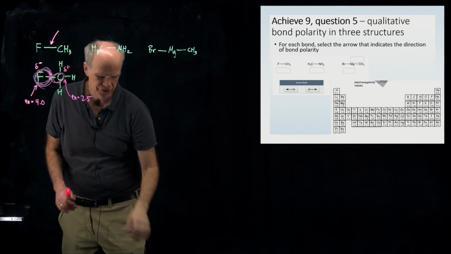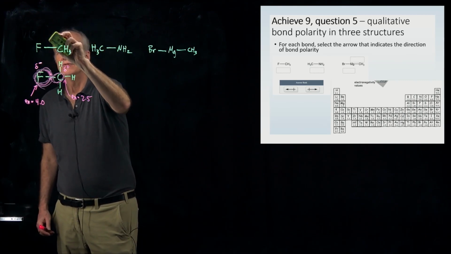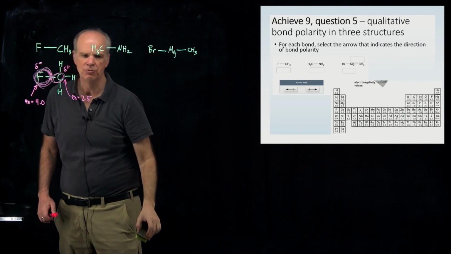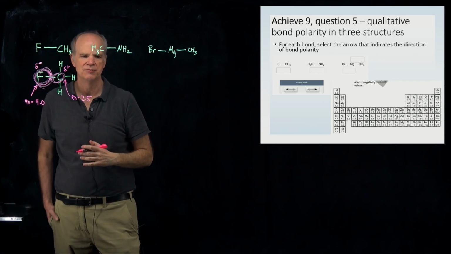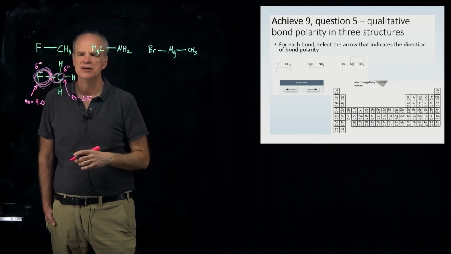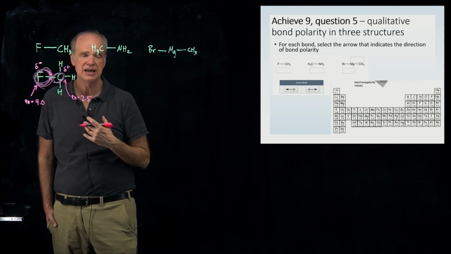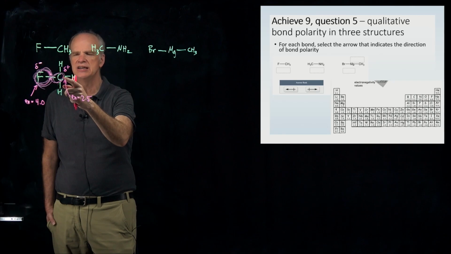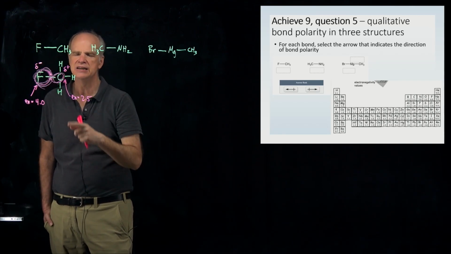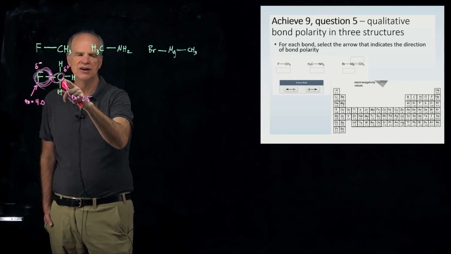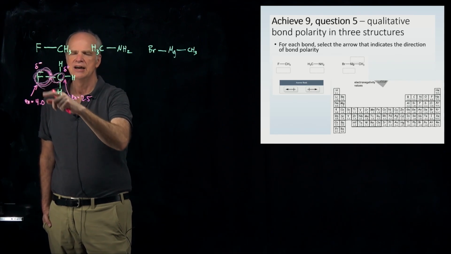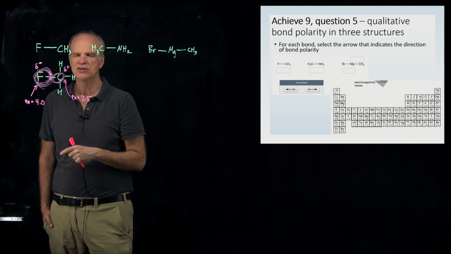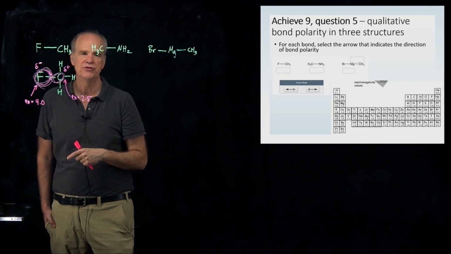Okay, so we figured out the polarity of the bond, and so what you have to do to complete the answer on Achieve is indicate that the electron density is going to the left, meaning that on the right side where the carbon is, there is relatively low electron density, and on the left side relatively high electron density. And we do that with an arrow.